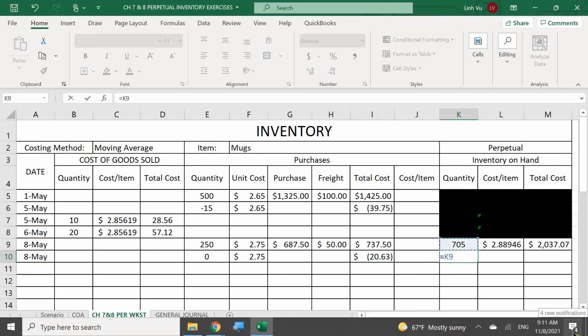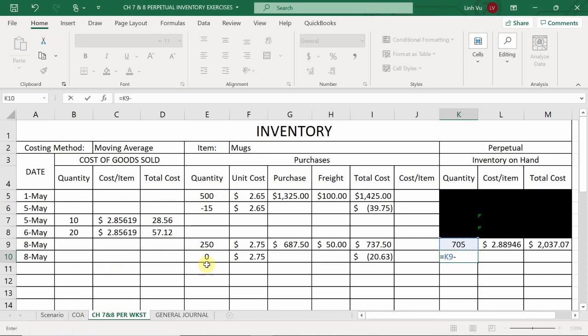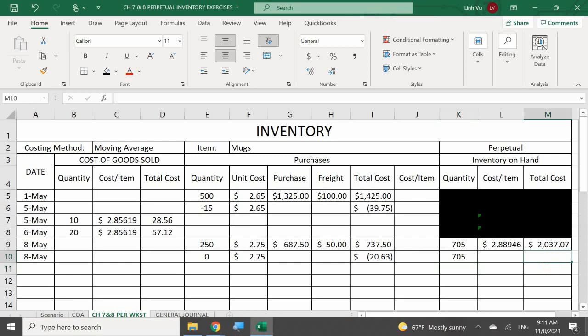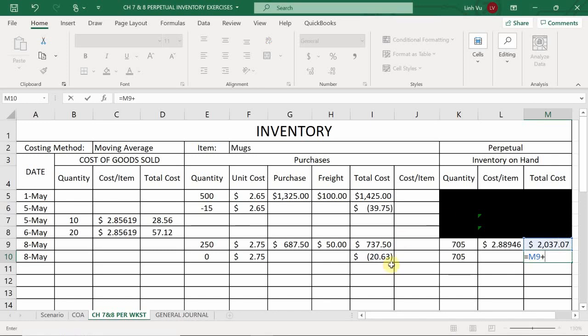So in this case, I still have 705 items. But I definitely have a lower cost because now they're discounted. So it should lower my amount to $2,016.45.